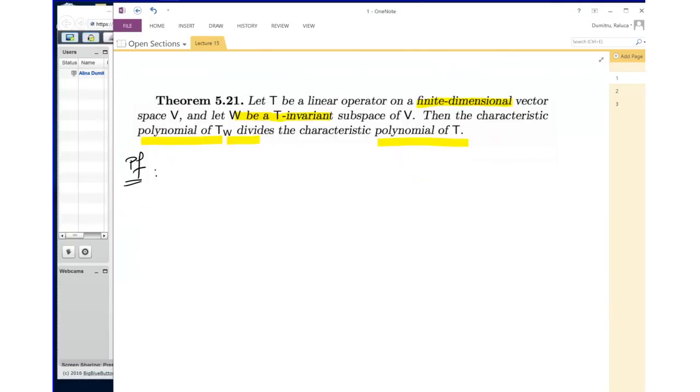Okay, so W is, after all, a subspace of V. Let's say it has dimension k, and V itself being finite dimensional, let's say it has dimension n. W is a subspace, so k is less than or equal to n.